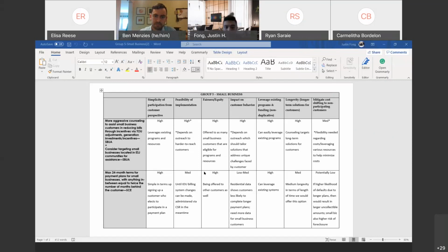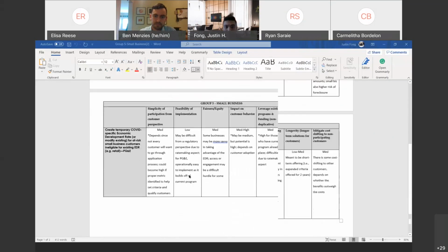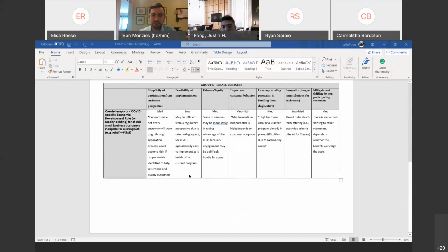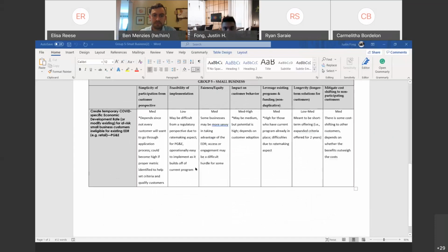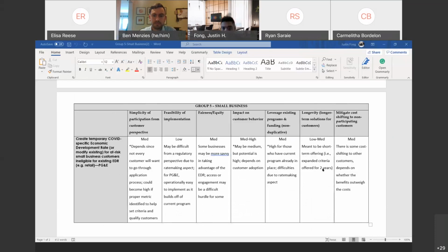Our last proposal is to create a specific rate for small business customers, similar to rates given to large businesses who are potentially leaving the state or may go out of business, and they get a specific rate.